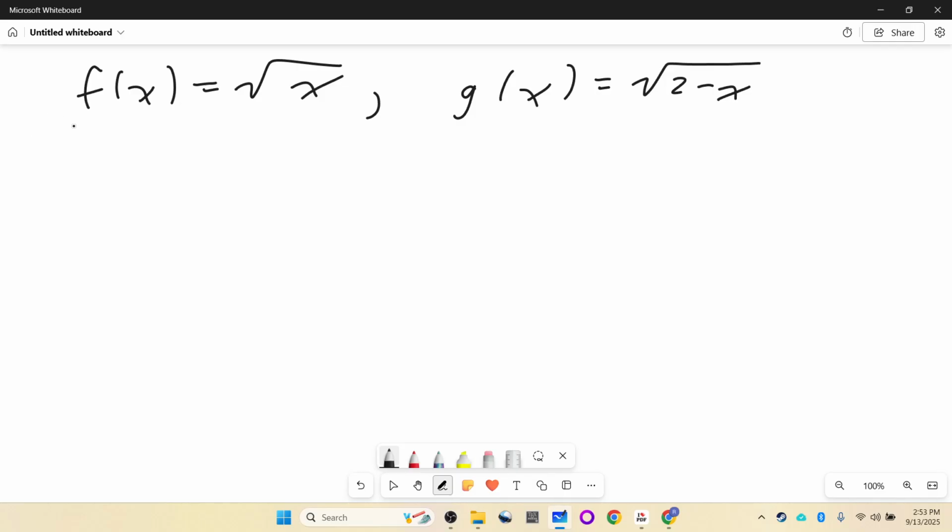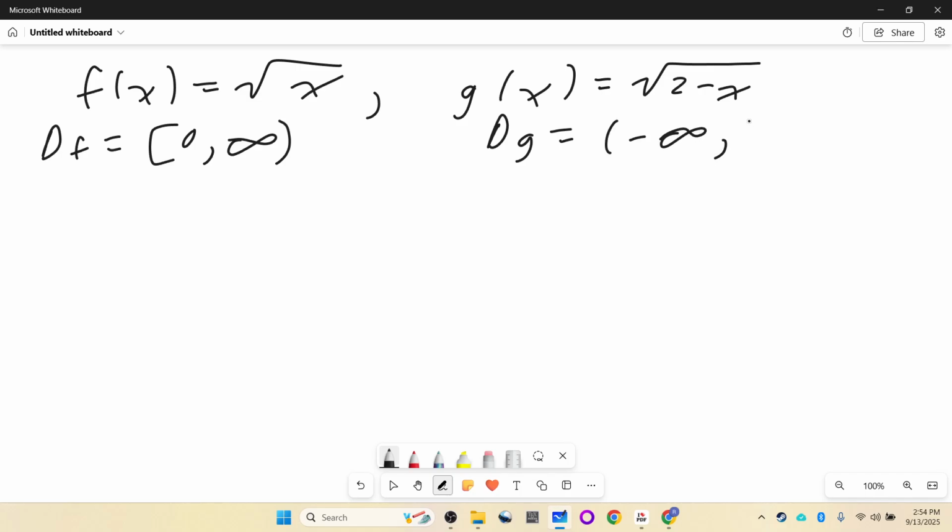So first let's list the individual domains. Domain for f is 0 to infinity. Domain for g is negative infinity to 2. So then I say, okay, what is f of g of x?